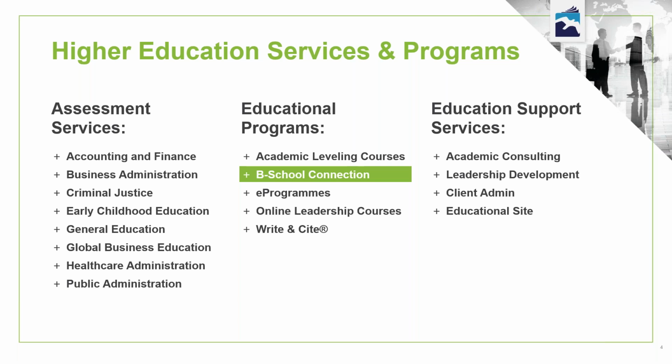Some of our other educational programs include academic leveling courses, e-programs, some online leadership courses, as well as a Write and Cite course. And on the far right, we've got the educational support services, where we offer academic consulting, leadership development, some educational resources, and client administration sites for you to gather data.